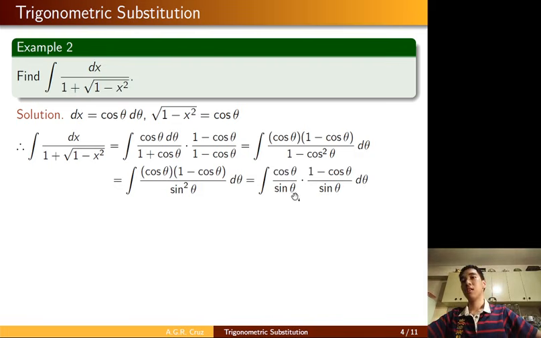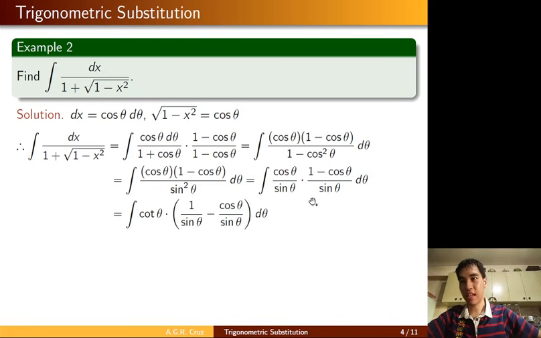Okay? And then let's now again use identities to simplify this. So si cosine theta over sine theta, that is just cotangent theta. Tama ba? Tapos, itong kanan naman, si 1 minus cosine theta all over sine theta, let's write this as a difference of 2 fractions. So this is now equal to 1 over sine theta minus cosine theta over sine theta.